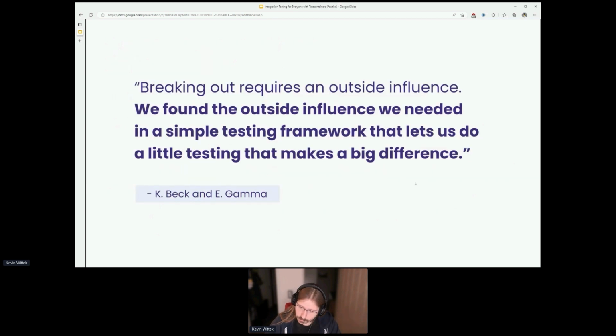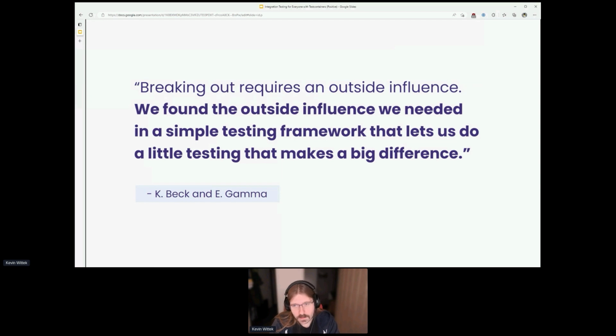For me, the important thing about integration testing is remembering what Kent Beck and Erich Gamma said about how they made unit testing accessible to developers: "Breaking out requires an outside influence. We found the outside influence we needed in a simple testing framework that lets us do a little testing that makes a big difference."